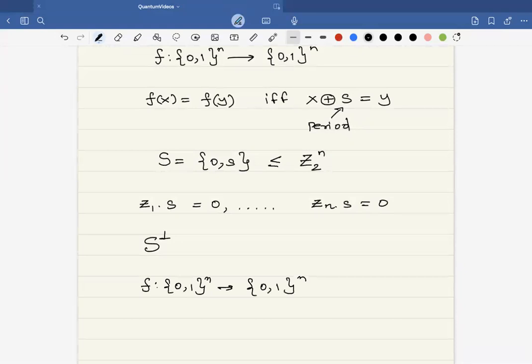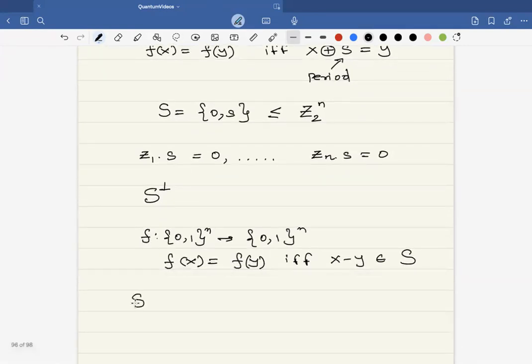And now we have the promise that f(x) is equal to f(y) if and only if x minus y belongs to S. And now in this case, S is a subspace of Z2^n as before, but instead of being one dimensional, in this case, we have an m-dimensional subspace.